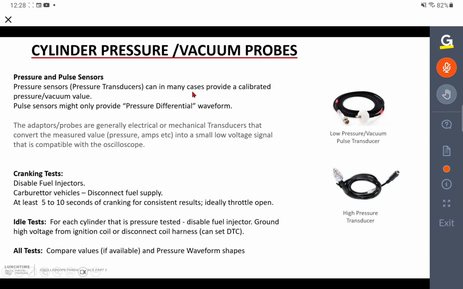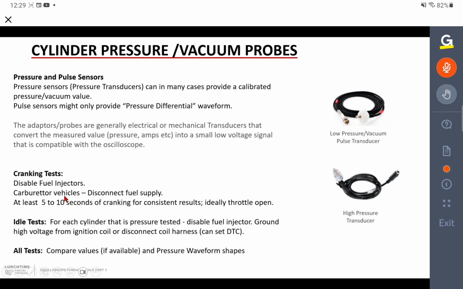By preference, if we can get one with the calibrated values, that's great. There are some sensors that only provide what they term a pressure differential. It's going to show you any increases or decreases in pressure that exist, whether that's in the cylinder or in the intake manifold. That's still very valuable because you can still see the changes in pressure, and you can see a good one versus a bad one.